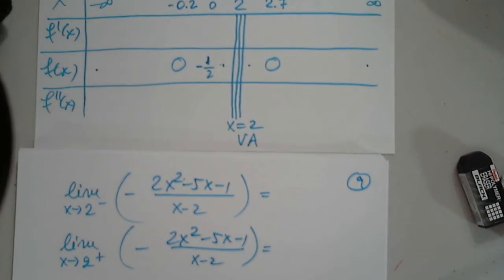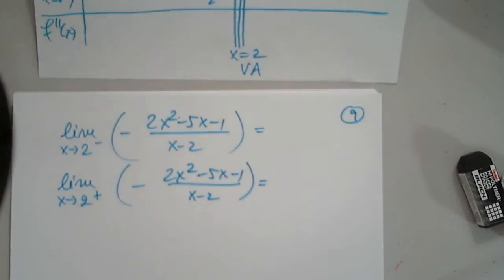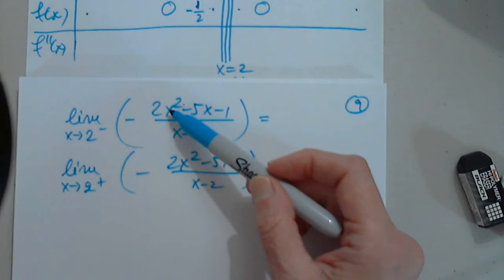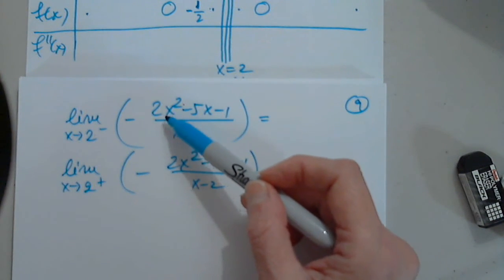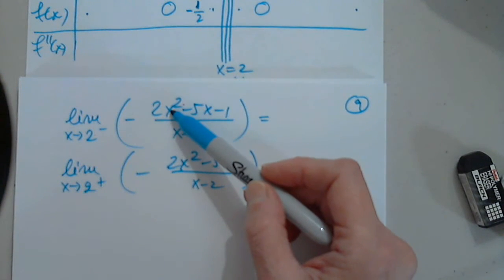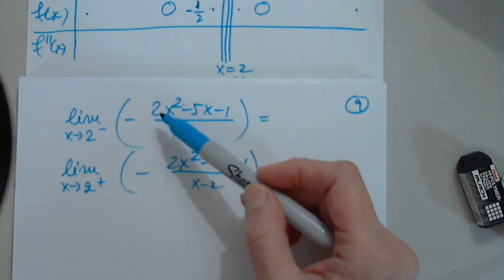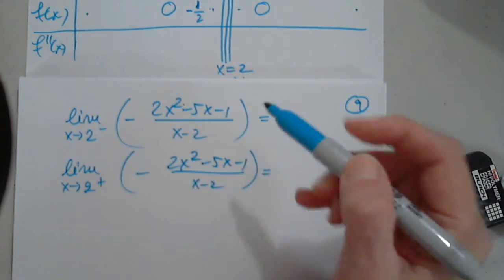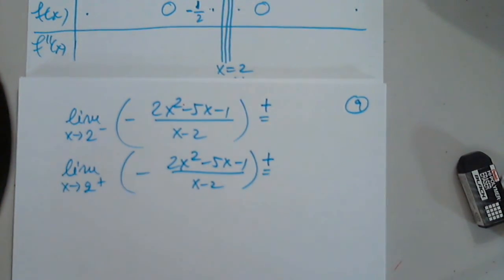Okay, so let's see. When I plug in 2, I have negative but with minus in front, right? So 8 minus 10, negative 2 minus 1 is negative 3 with minus in front. From the left, from the right, it doesn't matter. The top will always be positive.